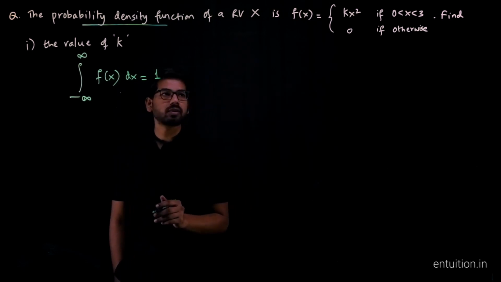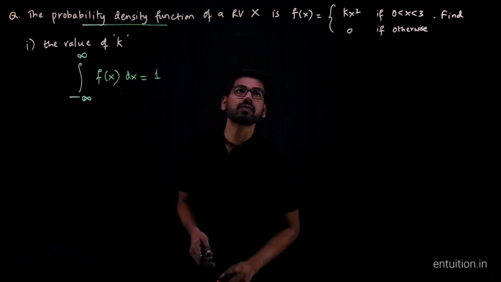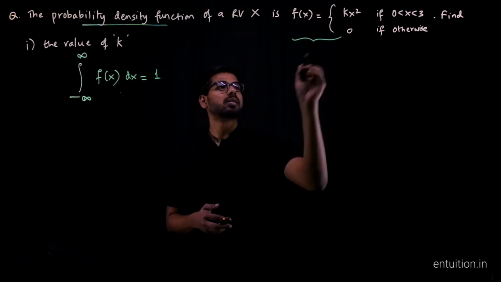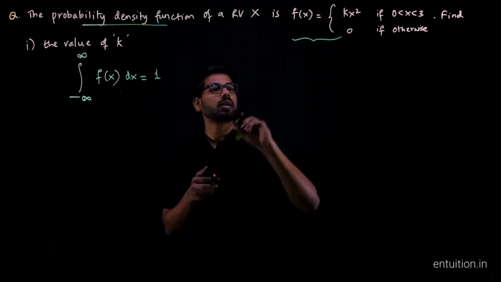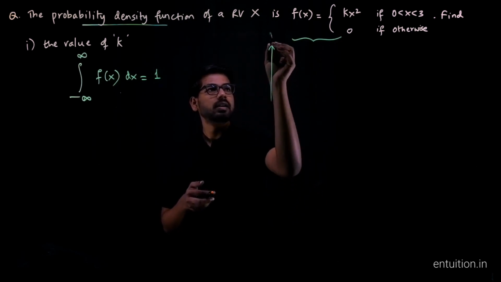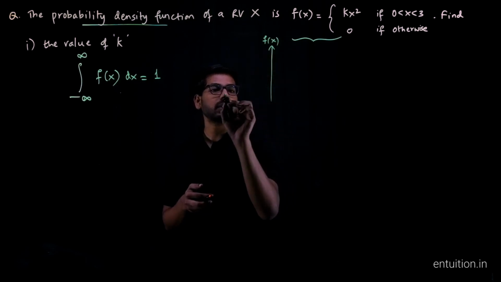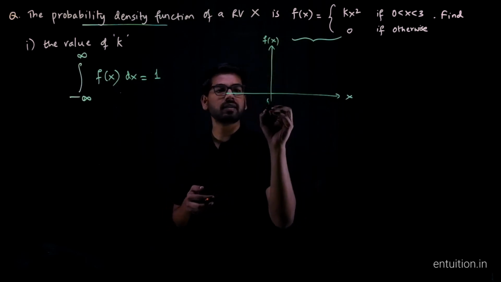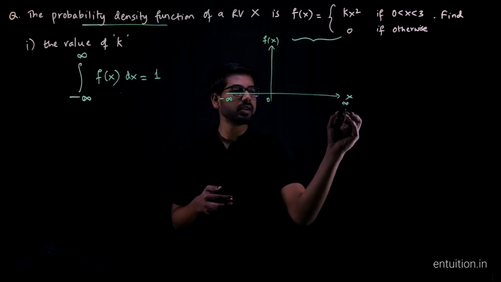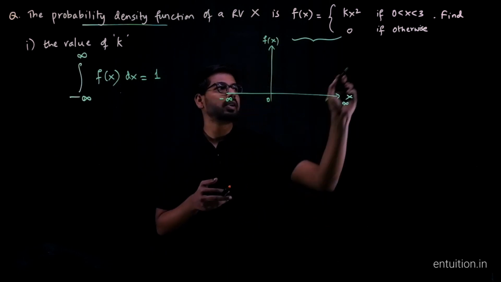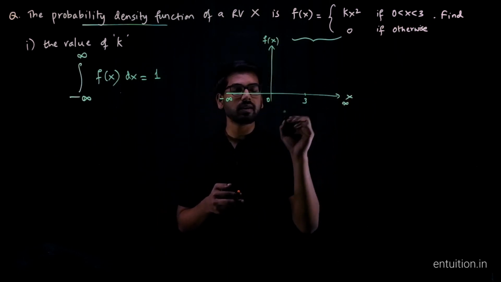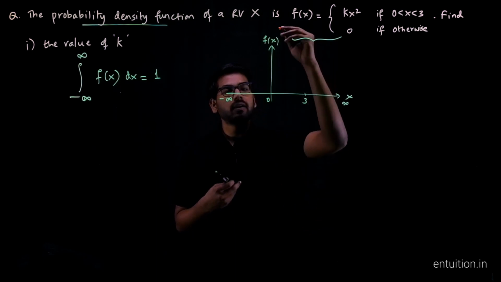Okay, so the probability density function will be something like this. If this is f of x, and this will be x. This is 0, this is minus infinity, this is infinity, right? So from 0 to 3, 3 will be here. From 0 to 3, f of x is kx square.